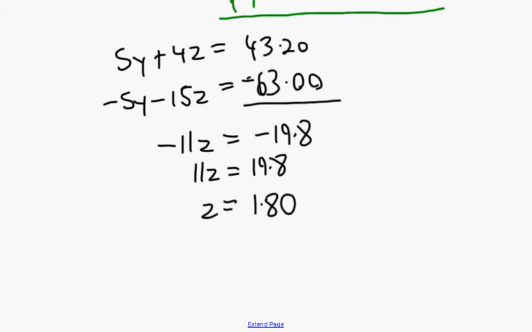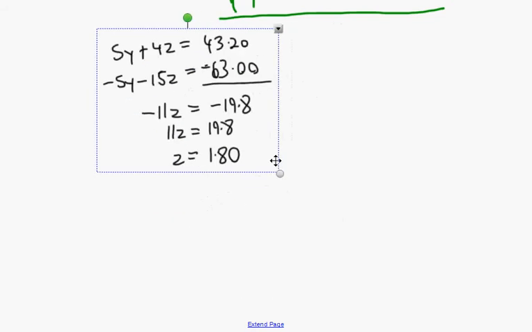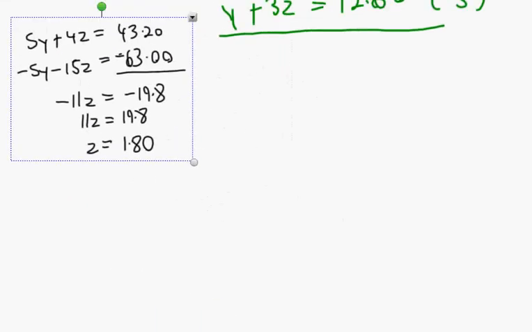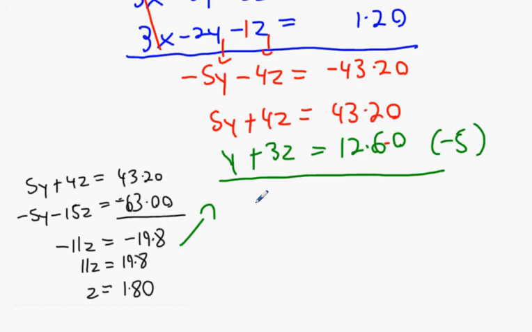What we'll do next is this, guys. We know z equals 1.8. What we're going to do is bring that up, and we're going to use it on one of these equations. We'll use it on the green equation, will we? Yeah. So y plus 3 times what? 1.8. 1.80.